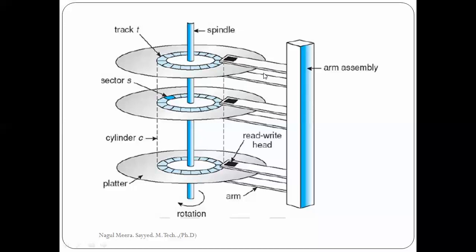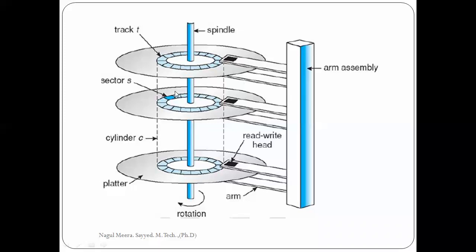The read and write arms are supported by the arm assembly, and the platters are supported by the spindle. In this way all disks are arranged. Each disk consists of two sides, so for the two sides there are two read and write heads, supported with the help of the arm assembly.